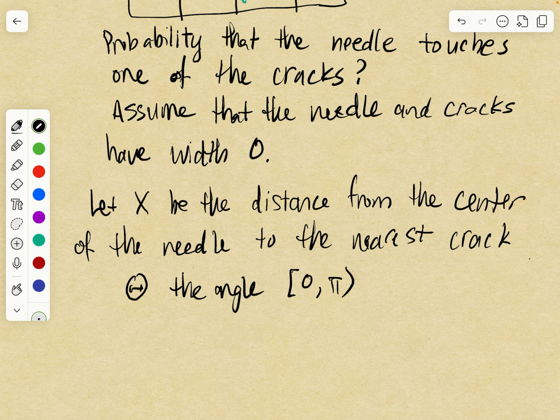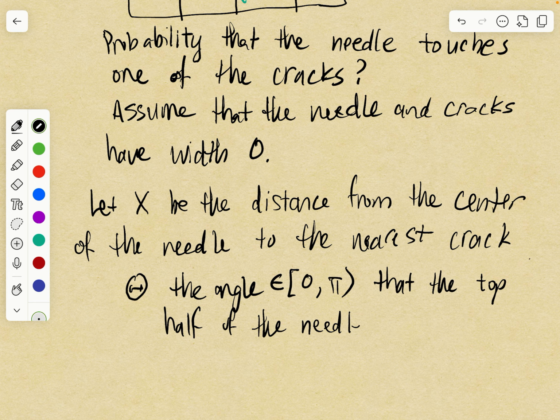So I'm using the notation, right? It's an element of the set from 0 to pi. It's the angle that the top half of the needle makes with the crack.